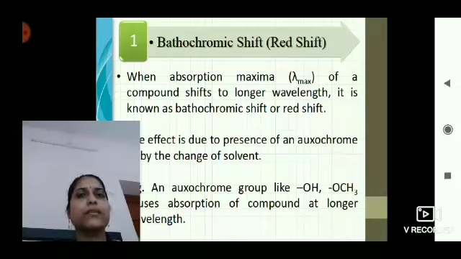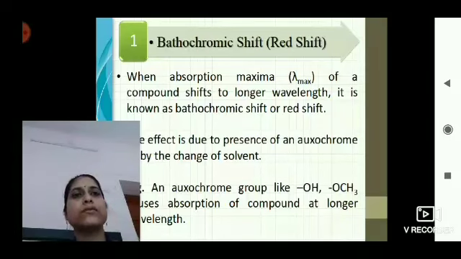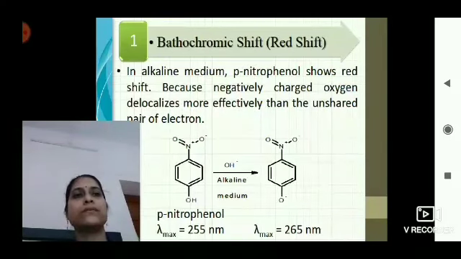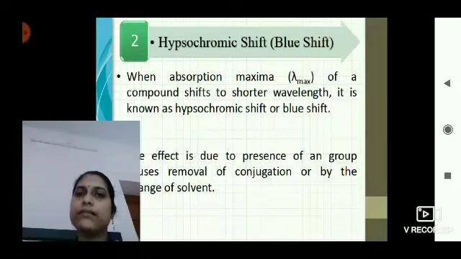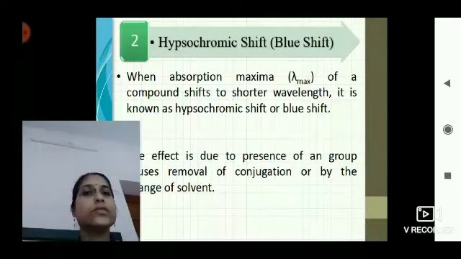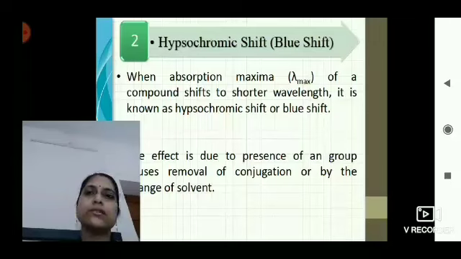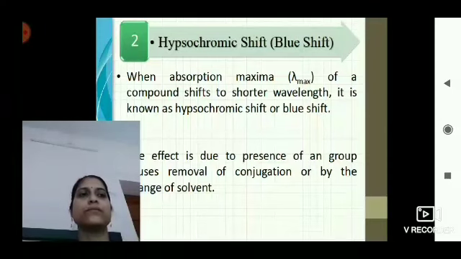You have seen that conjugation and auxochrome increase the lambda max value, so they cause bathochromic shift. Similarly, hypsochromic shift is when any effect causes a reduction in wavelength. If conjugation decreases in any compound, it will cause hypsochromic shift or blue shift.